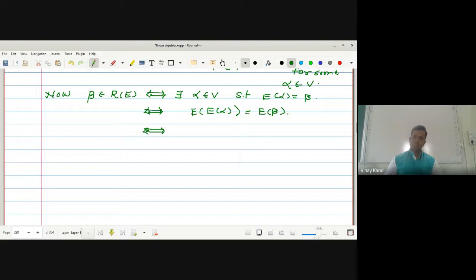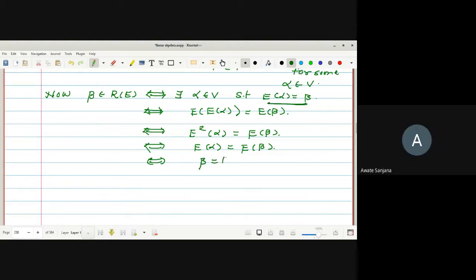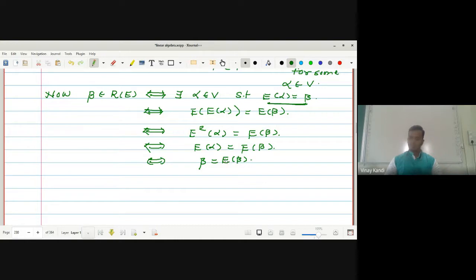This implies E square of alpha is equal to E of beta. Projection, no? So E square is equal to E. So this E of alpha is equal to E of beta. But what is E of alpha? Beta. Okay, E of beta. So hence, if beta belongs to the range space of E, then E of beta is equal to beta.